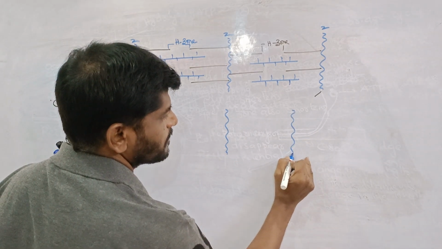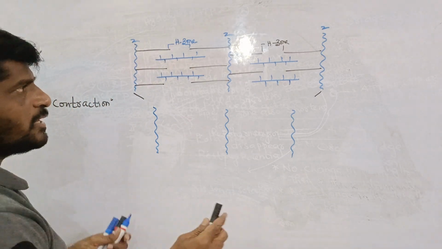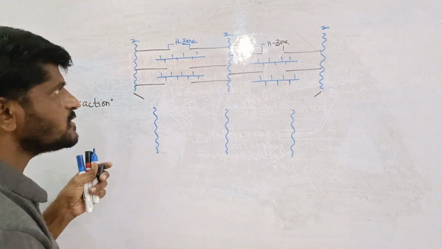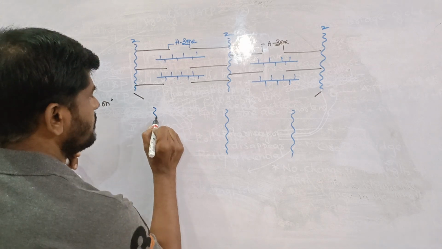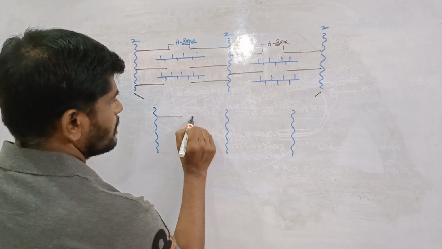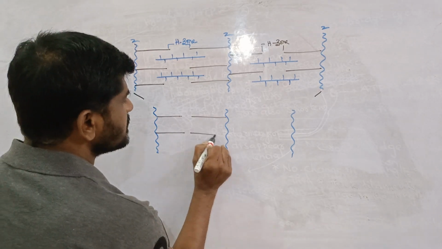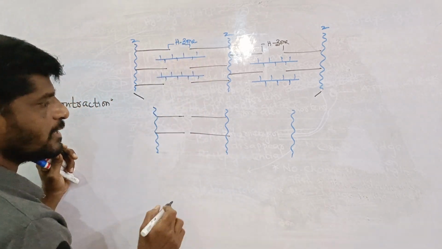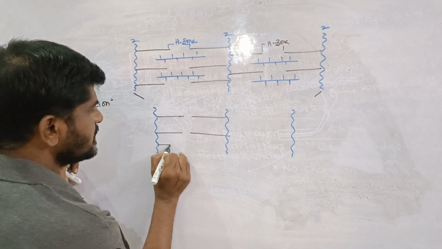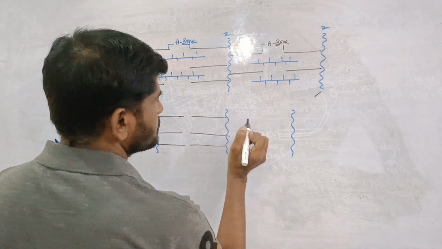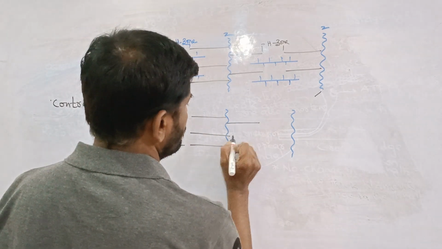When the two Z lines come near, obviously the thin filaments also come near. This is the thin filament. You can see now the H zone is decreasing compared to the first diagram. The H zone is decreasing.